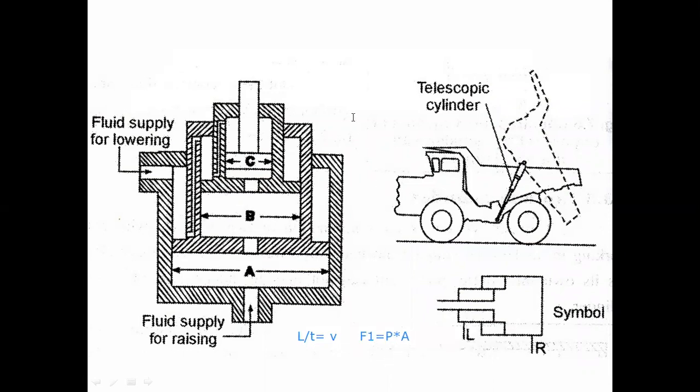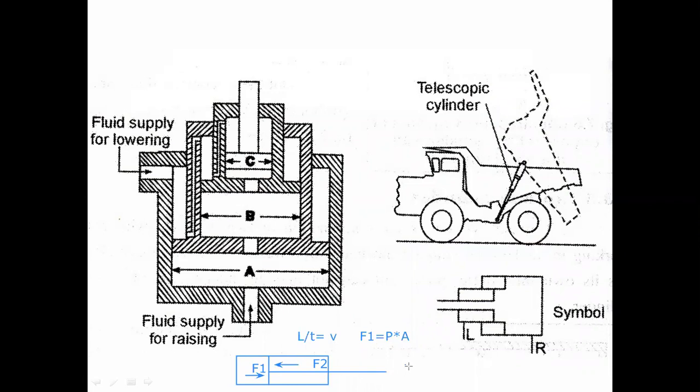So if we have a cylinder, and you consider F1 from this direction and F2 from this direction, so this is your F1 and this is your F2.